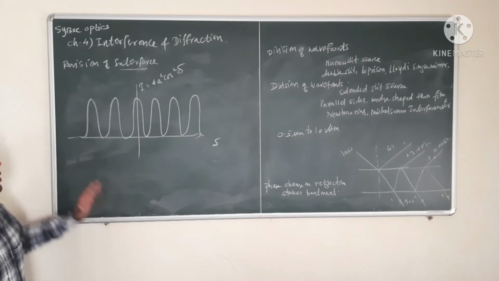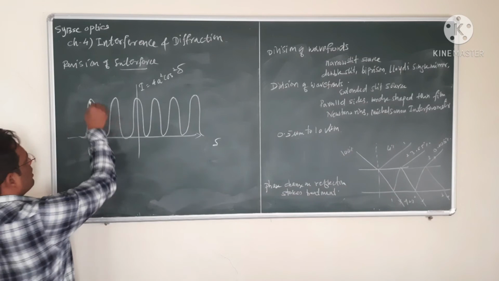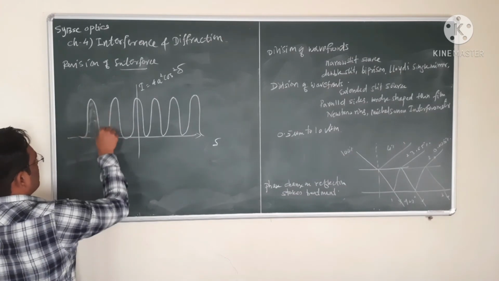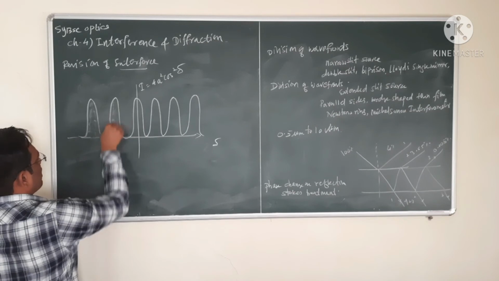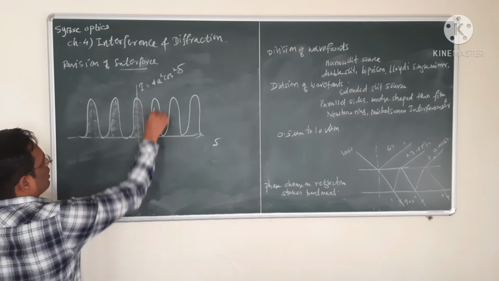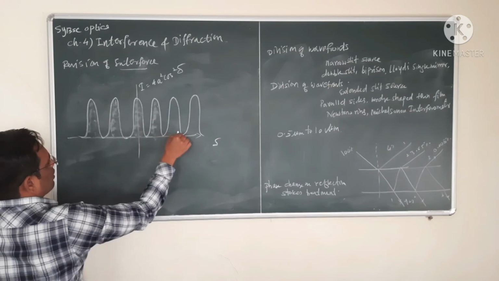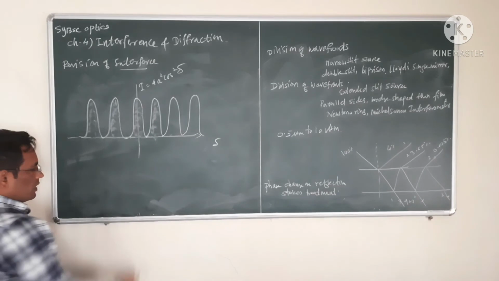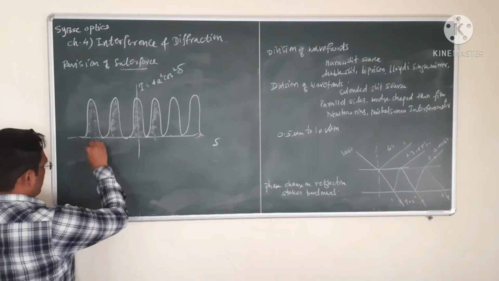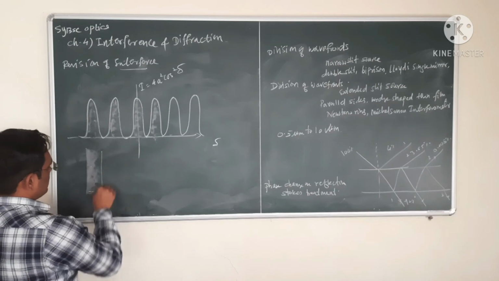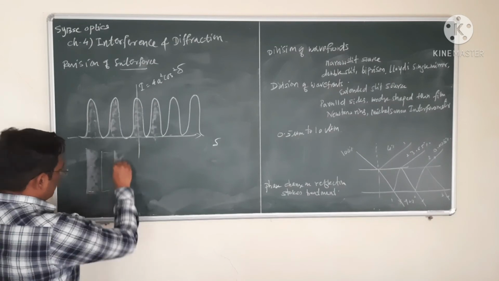Okay. Now here we have alternate maxima and minima. This is constructive interference, so we will have maxima. This is destructive interference, minima. Again maxima, minima, maxima, minima, maxima, minima. So in the interference pattern, you will see fringes. Here you will see a bright fringe.